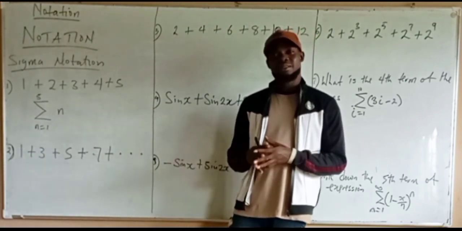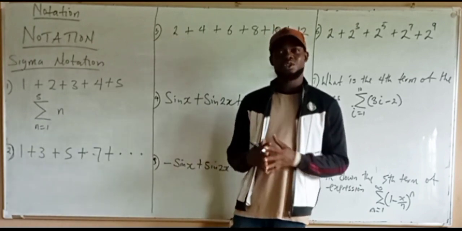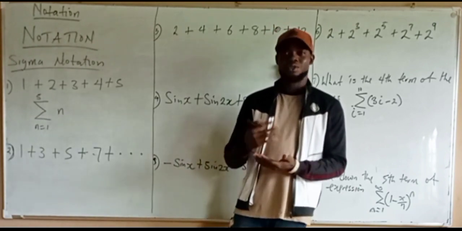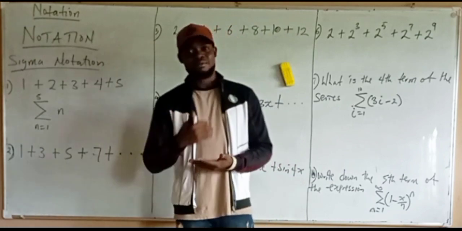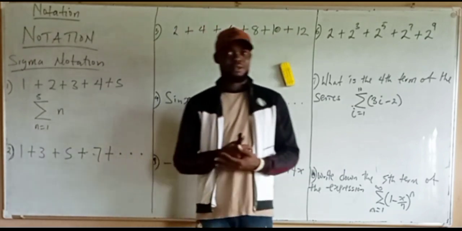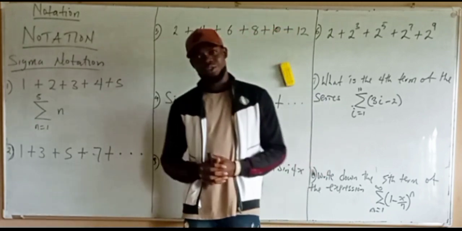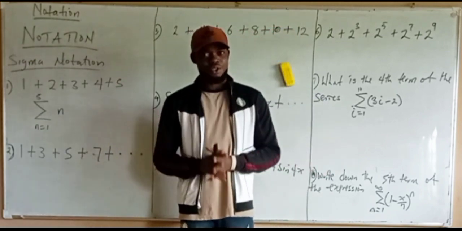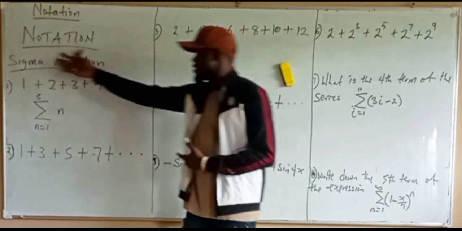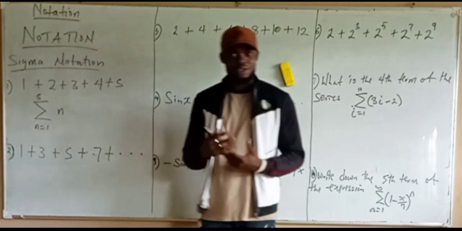Now, what is the meaning of notation? Notation is just a shorthand form of writing mathematical expressions. And we have different types of notation. One of them is sigma notation. What is sigma notation?